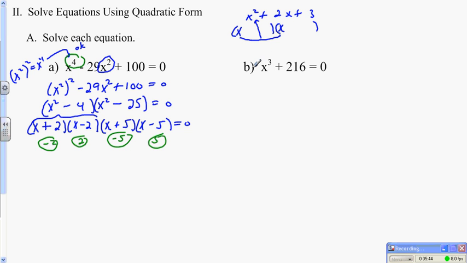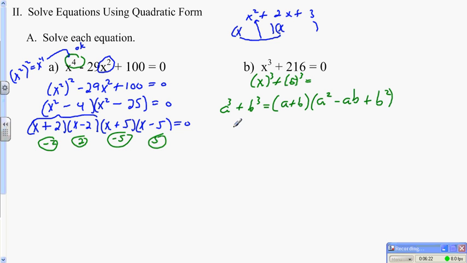B here is a review of sum and difference of two cubes. In other words, x is being cubed, and 216 is 6 cubed. And the rule for a sum of two cubes was a plus b, a squared minus a times b plus b squared.